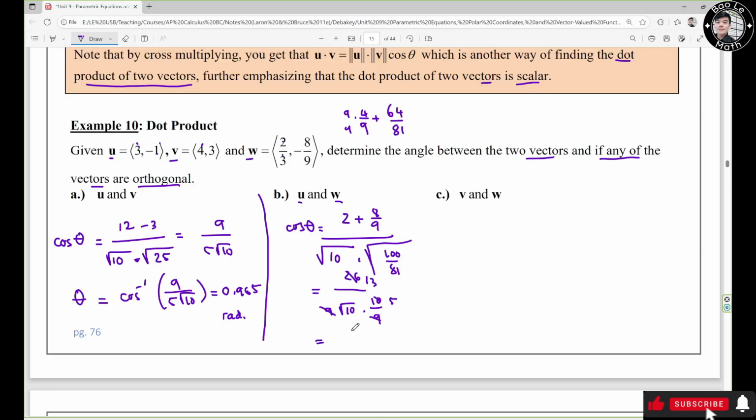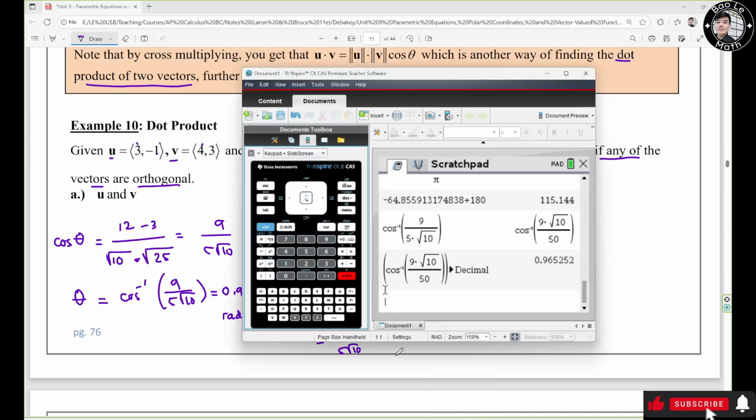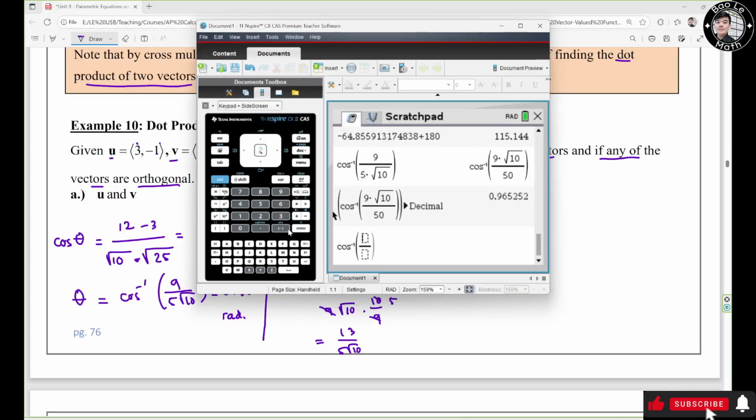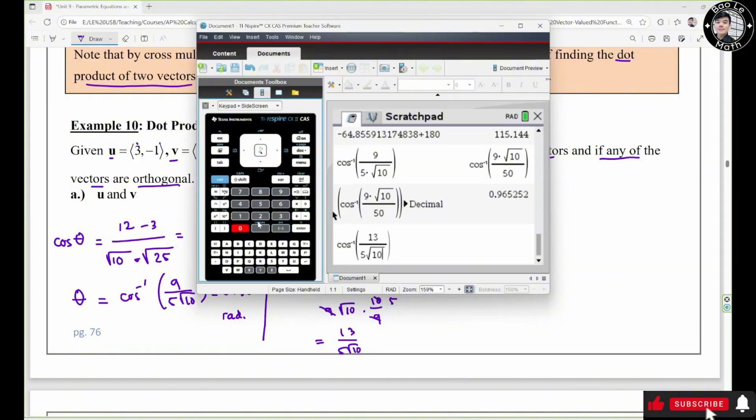So the answer right here should be 13 over 5 root 10. Now I need to check the inverse cosine of this one. So I'm going to press trig, inverse cosine, press the fraction, 13 over 5 root 10.